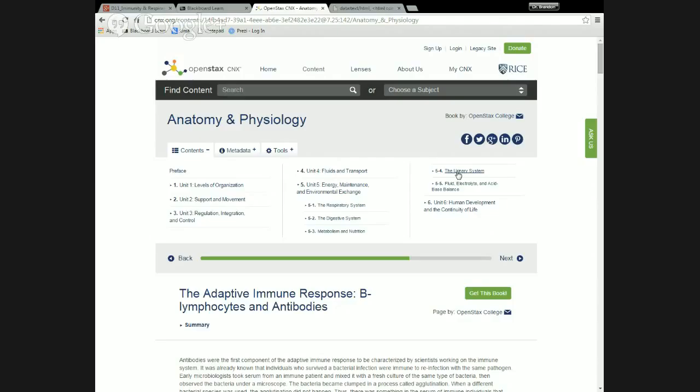The overview is going to be about these three systems together, just how they're similar and how they handle their various problems to work together so the body can exchange materials with the environment around us, how we take in nutrients, how we get rid of wastes, that kind of thing.